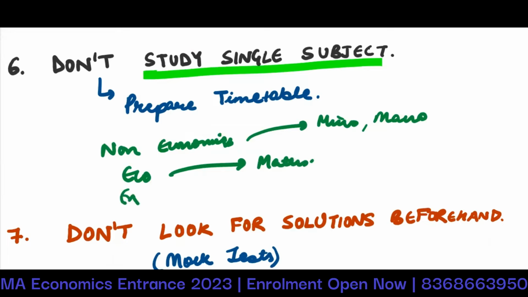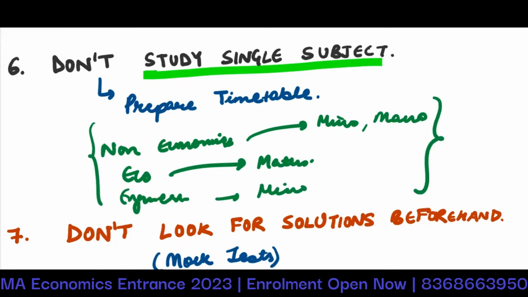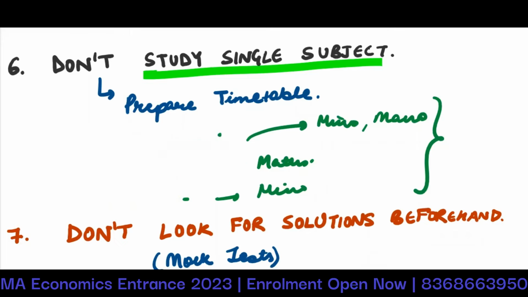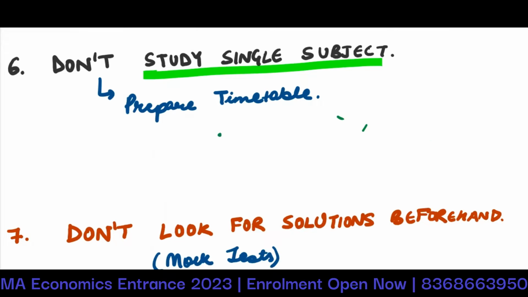Some will say that I am from a non-economics, engineering background, I know maths, I know stats, I don't know micro. And they will only do that subject throughout the year. No. Even if you know some subjects and you don't know others, you don't have to neglect the subjects you already know. You should prepare a timetable.